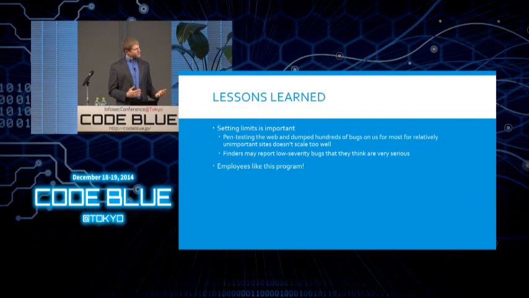Another thing that we've learned is that there's a variety of behaviors that researchers display, and some people view their responsibility as only to generate a crash dump. Well, we don't think that's a good way to interact with a third party. It's not very nice to run a fuzzer and send 100 fuzzed files to a third party when most of those files are not demonstrating a security issue.